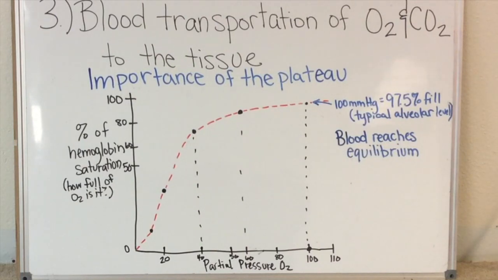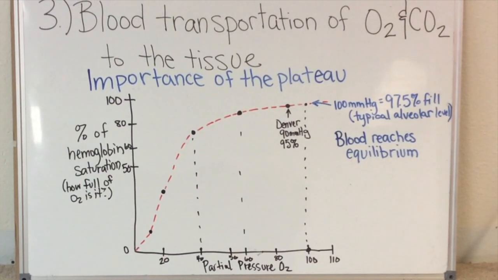What if all of a sudden we were dropped in Denver and the partial pressure of oxygen dropped to 90 millimeters of mercury? Because of the plateau portion, or the very flat line and slow decrease of hemoglobin saturation, even if we all of a sudden had a 10% drop in partial pressure of oxygen, we would only see a 2.5% drop in hemoglobin saturation.